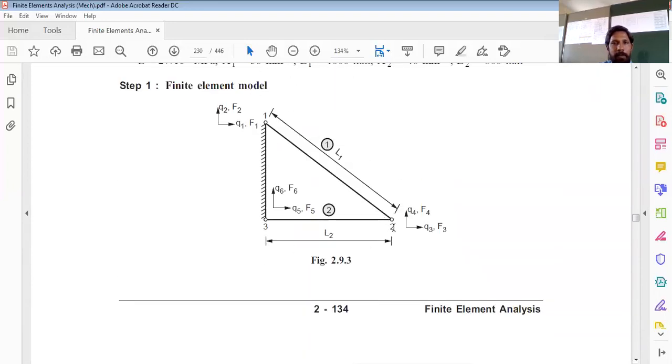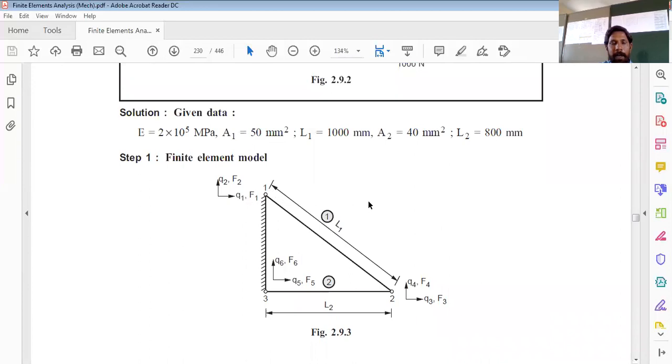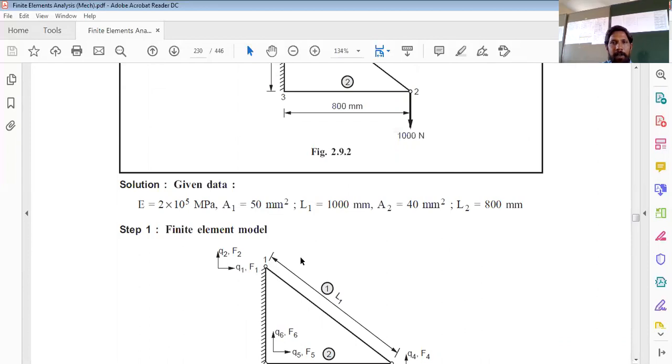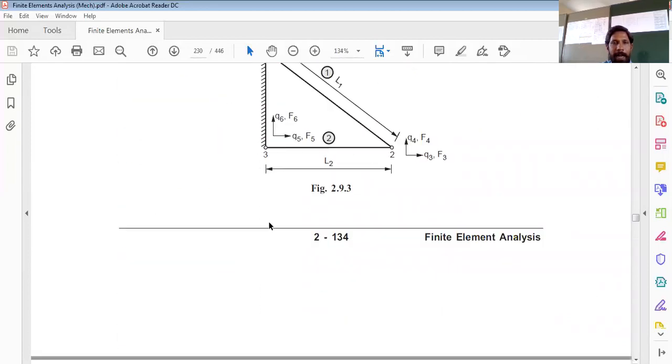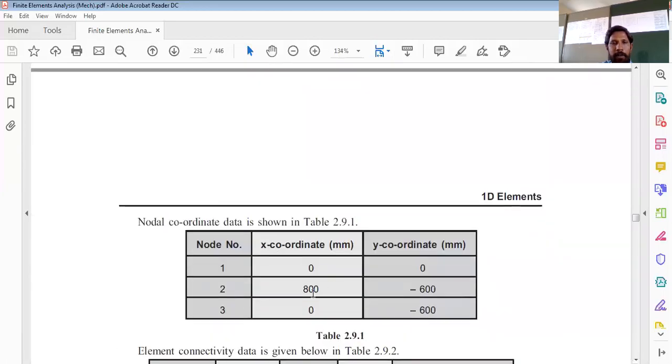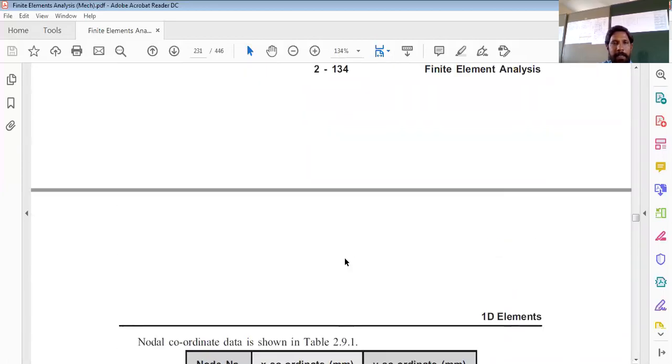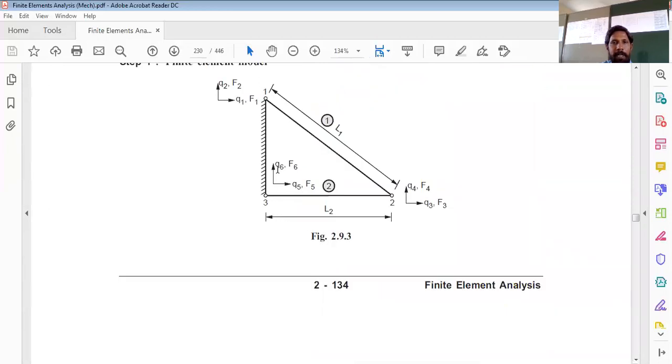Node number 2 is displaced 800 mm along x direction, at a distance of 800 mm from x, and at a distance of minus 600 mm along y direction. So the coordinates of node 2 will be 800 comma minus 600. Similarly, for node number 3, there is no change in x coordinate. Both node 1 and node 3 are at the same x location, so x will be 0 and y will be minus 600.